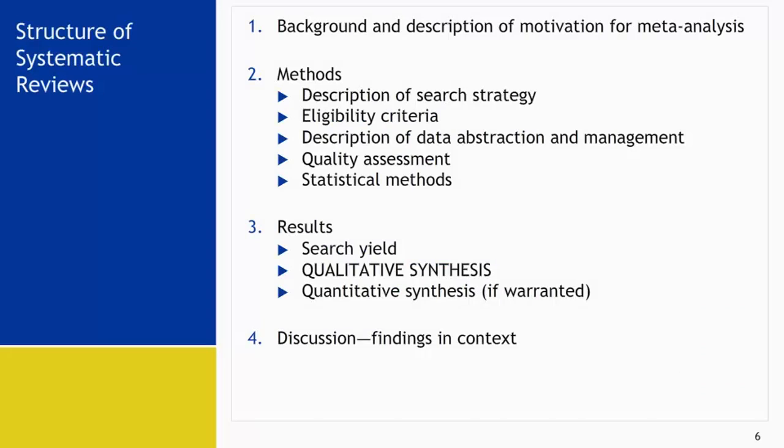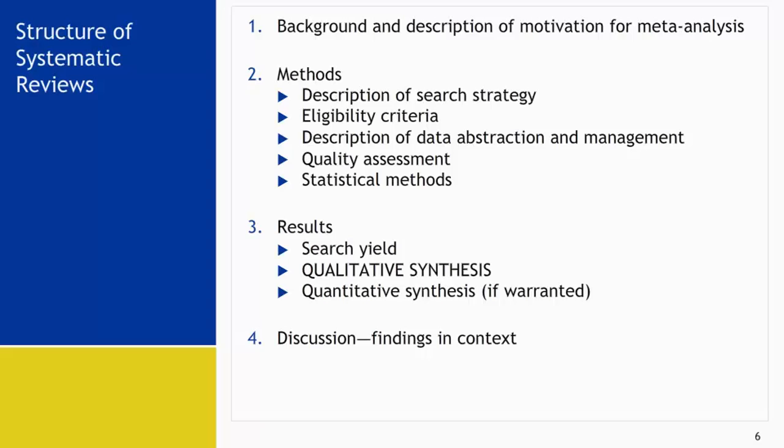We've talked about the structure of systematic reviews, that there has to be a background and description of why you need a systematic review and meta-analysis. You need the methods section, which describes exactly what you did in your systematic review: the search strategy, the eligibility criteria, how you do data abstraction and data management, your assessment of the quality and the risk of bias of the individual studies you include, and your statistical methods.